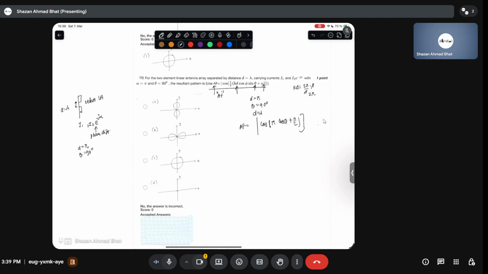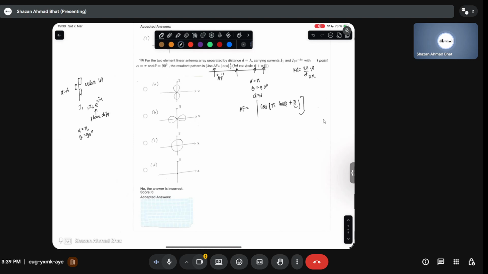And phi is basically what we need to understand to understand the pattern. There is a half here, 1 by 2, so the 2 and 2 will go, so it'll be pi. This is the exact AF equation.